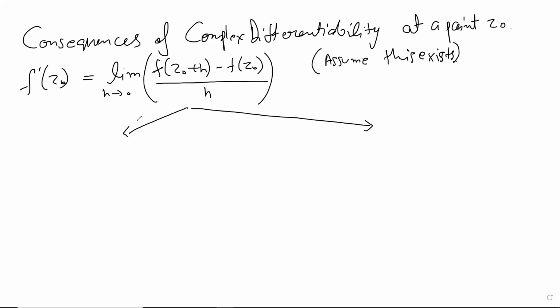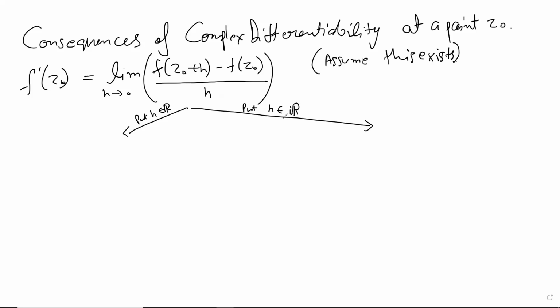So put h real on this side, and on this side put h imaginary. Obviously these are not enough, right? For this limit to exist, it should exist no matter how you approach. But there are a lot of ways to approach, and we obviously cannot write all of them.